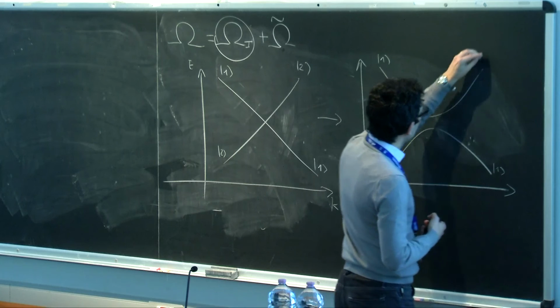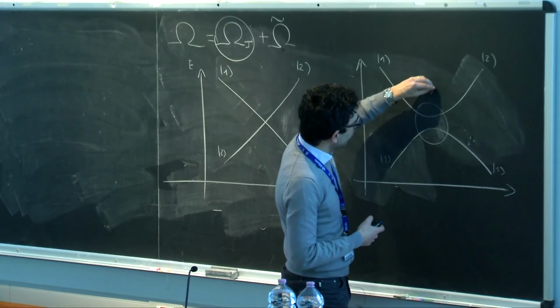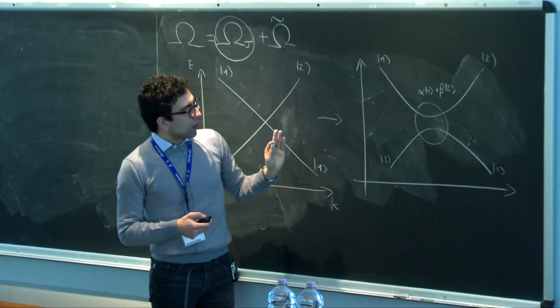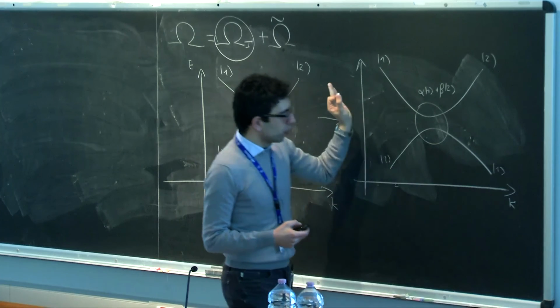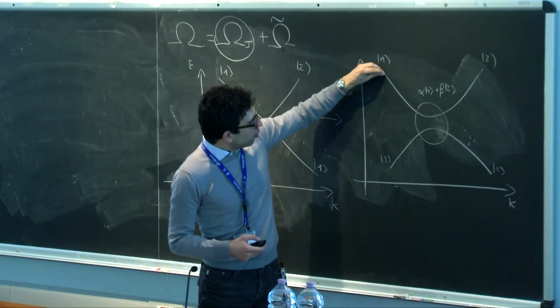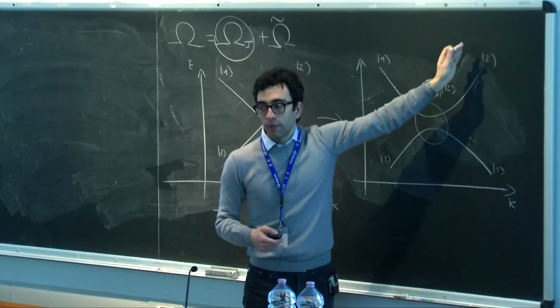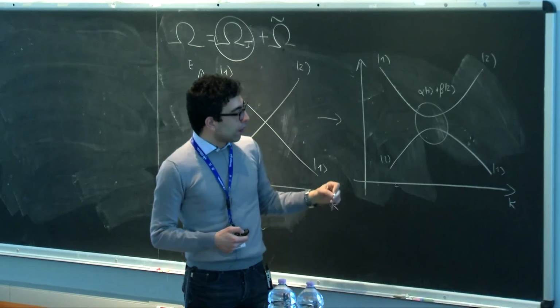Here is 2. But close to this area, you have some combination of 1 and 2. Okay? So while you move across the k-space, this point changes state from 1 to 2 in a continuous way. This state changes from 2 to 1 in a continuous way.